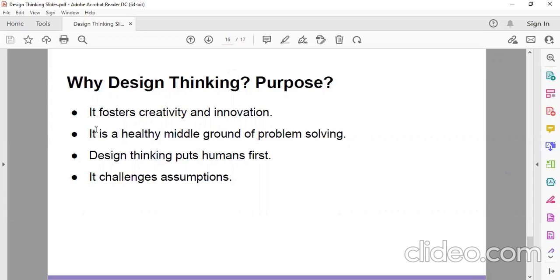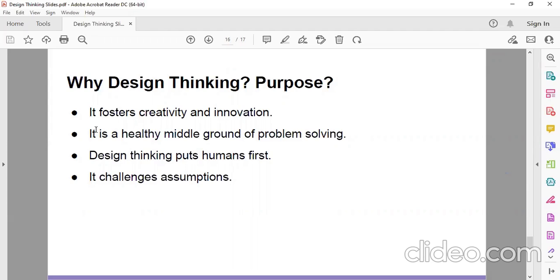Okay, so the customers will be happier and more satisfied. So the bottom line of the business will be a healthier one. Okay, so it actually benefits both the users as well as the businesses or the people who design the solutions.